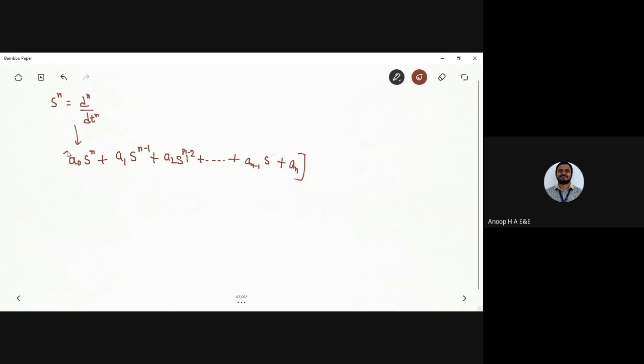So I can write it in this way, and I can have y of t that would be equal to x of t here.